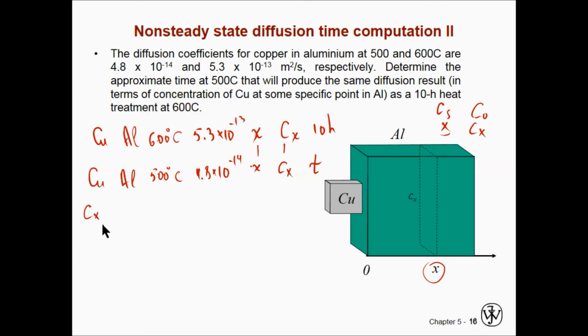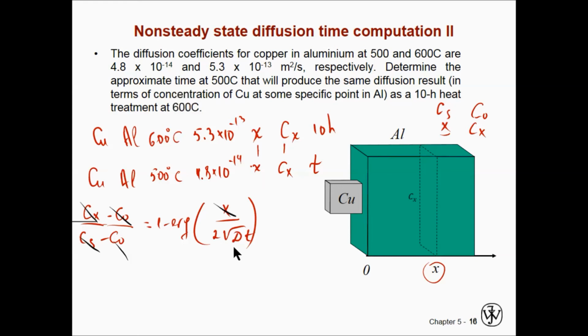These are the same, so these are constant. Let me write the equation. So let's see. We want to achieve the same CX at the same position. Conditions are the same, none of these are changing.